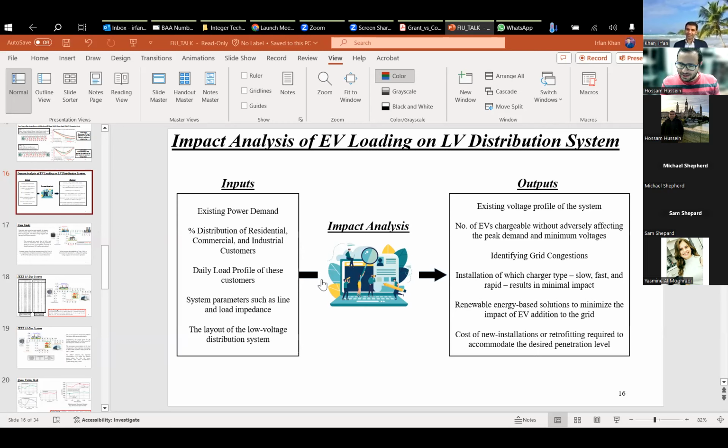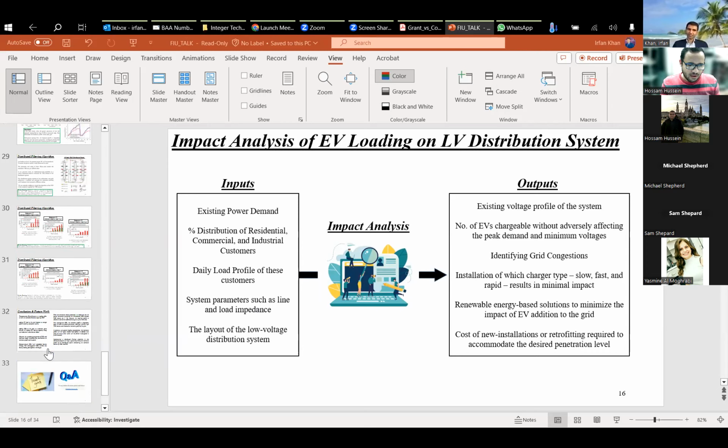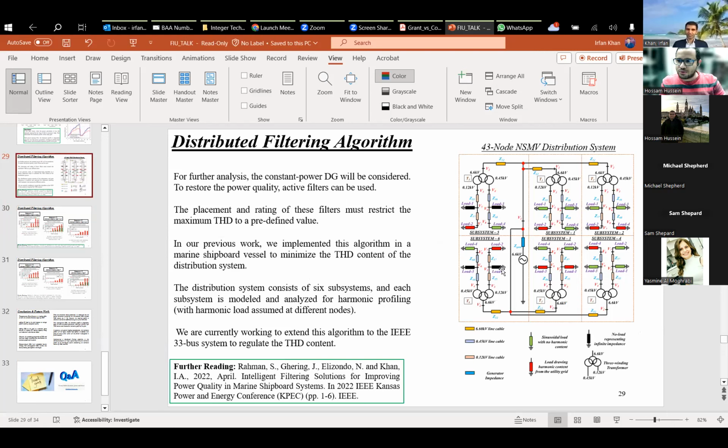My last question is about the last couple of slides, about the total harmonic distortions in the subzones. Can you go to slide 29? Because I didn't actually catch the zones exactly.